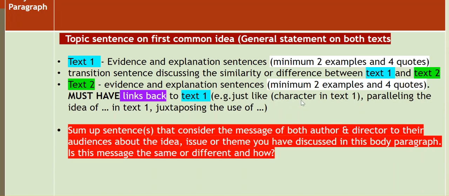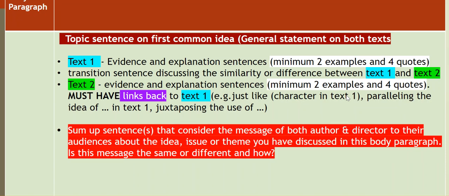So you're talking about text 2, Paradise Road. Here I'll give you an example, but I need to give more thought to this and have it written out. Say I'm talking about Eliezer. So I might say here, just like Eliezer, Sister Wilhelmina, and so on. And I'm talking about whatever it is that they've got in common to do with whatever the essay topic is.